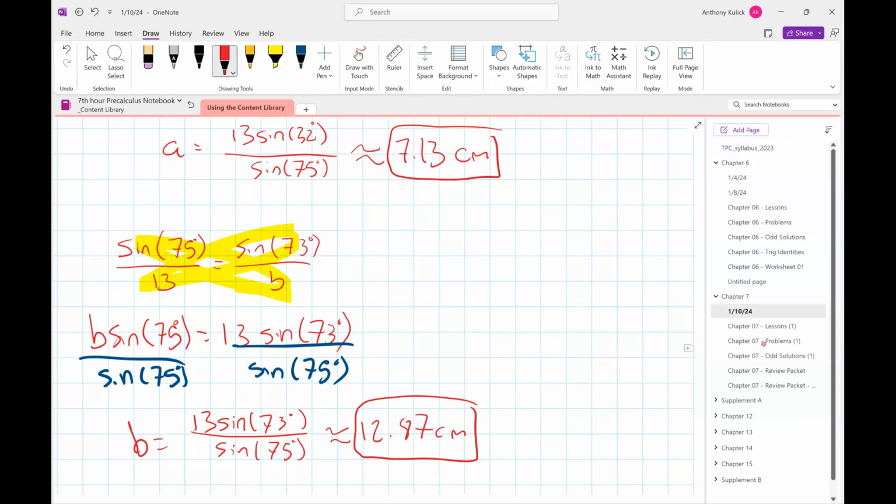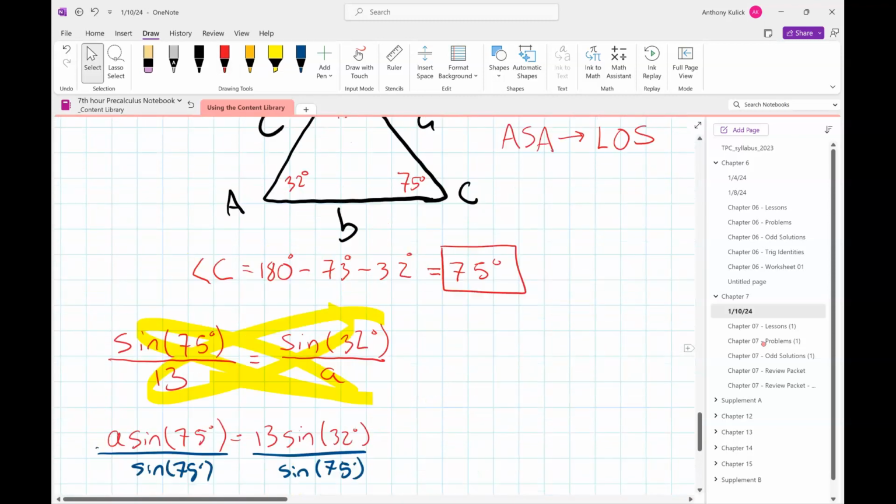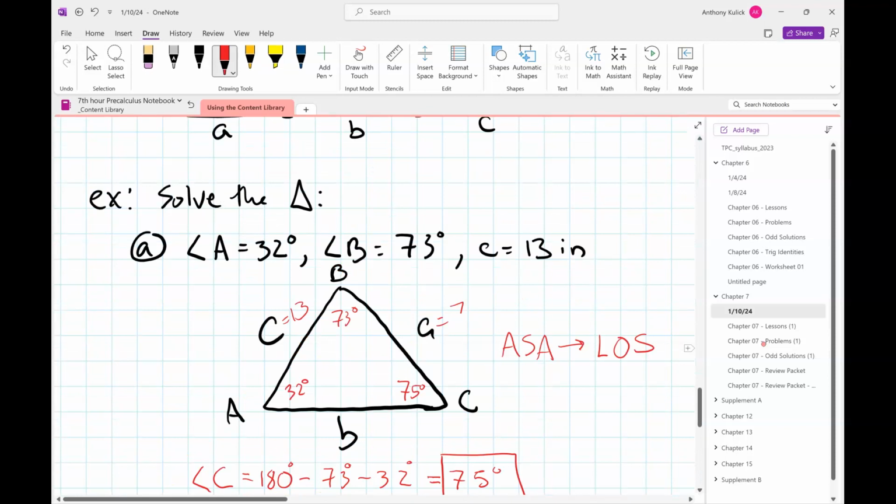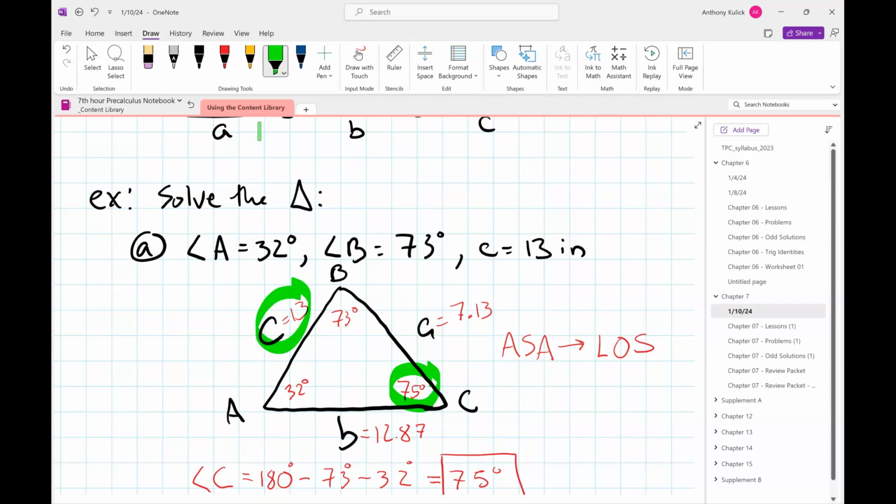My last step now is I'm going to go back to my original picture here and write in my values. So side A is 7.13, side B is 12.87, and I'm going to do a quick little check. Now the check I'm about to do is not perfect. It doesn't catch every possible mistake, but it'll catch a lot of them. What I'm going to do is make sure that my biggest angle is opposite my biggest side.